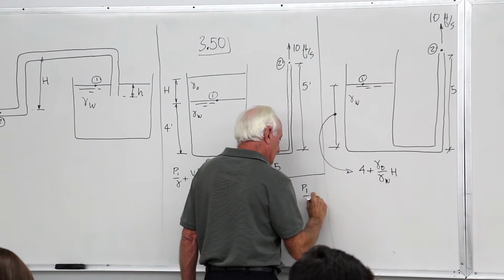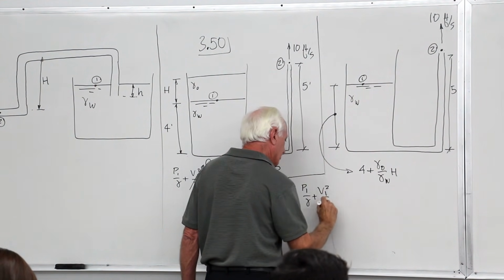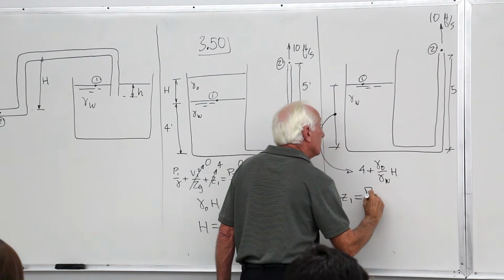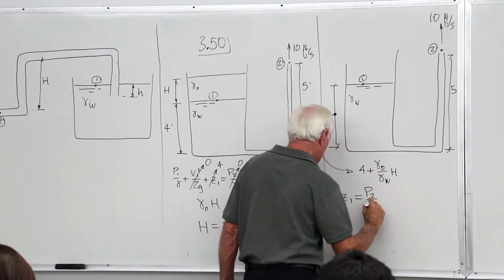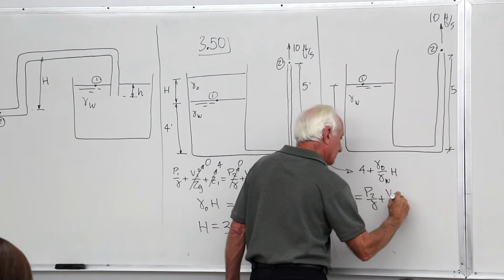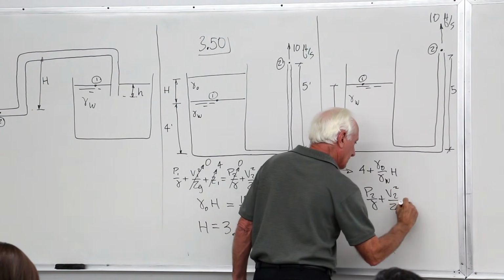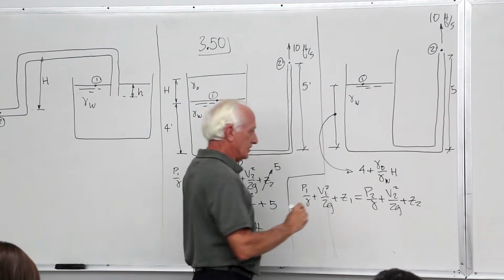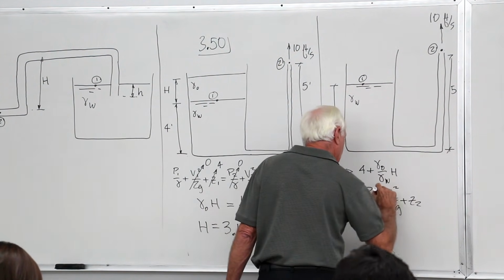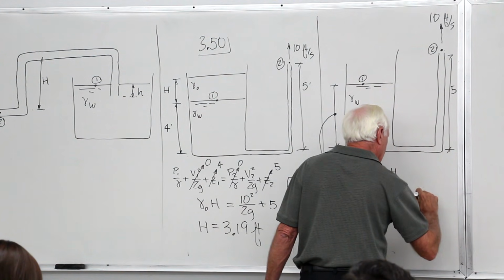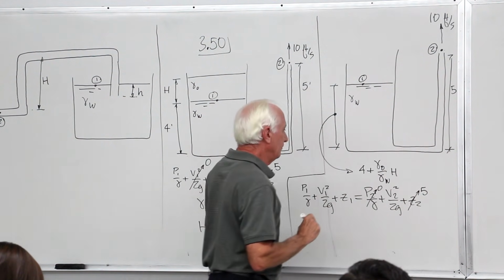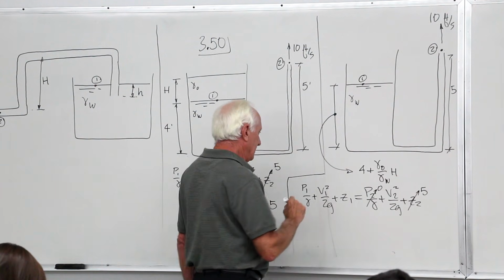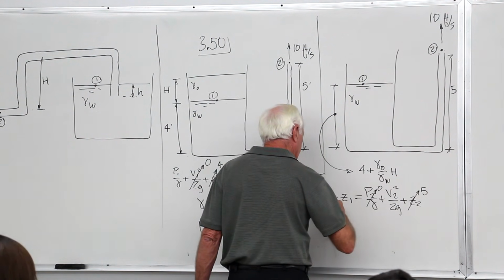P1 over gamma, V1, Z1, P2, V2, Z2. Free jet, pressure 0, atmospheric, gone. Z2 is still 5. V2, I know it's 10. V1 is 0.